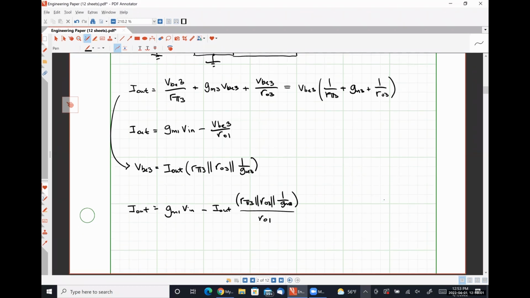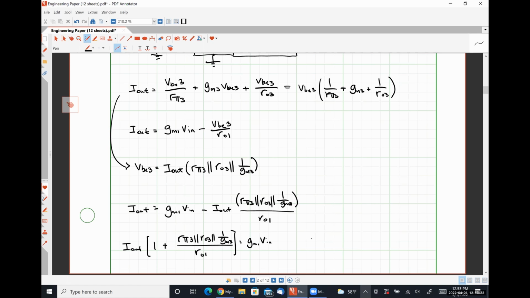I'm going to move it to the other side so that I have I out times 1 plus R pi 3 in parallel with R naught 3 in parallel with 1 over GM 3 divided by R naught 1 is equal to GM1 VN.